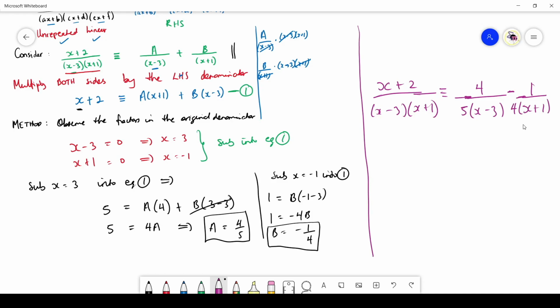Okay, guys, so pretty much there you go. That is exactly how you would split an unrepeated linear partial fraction. This is just an introduction. The tutorial sessions are actually available, full past paper questions, if you scroll through my folders.